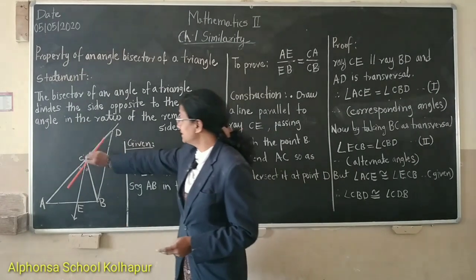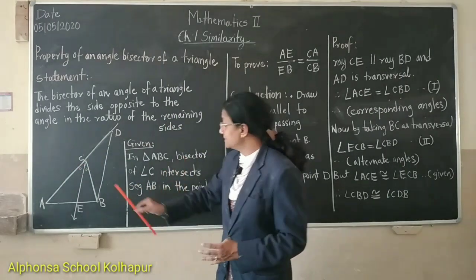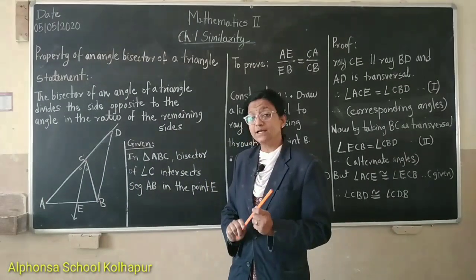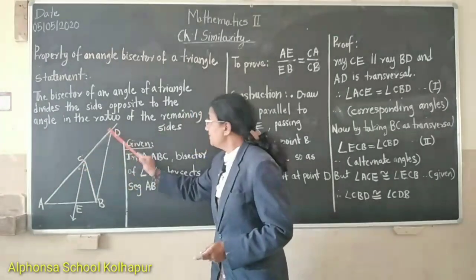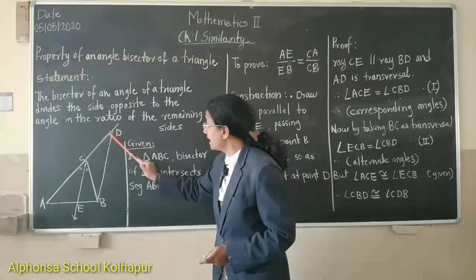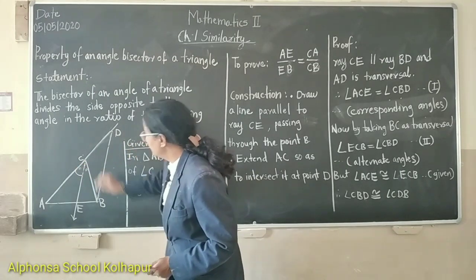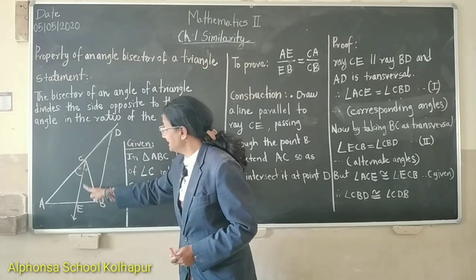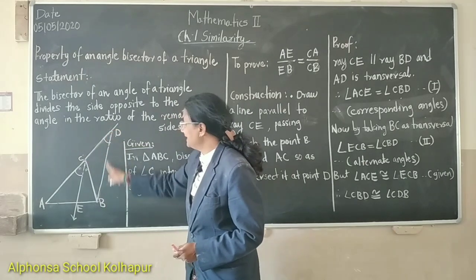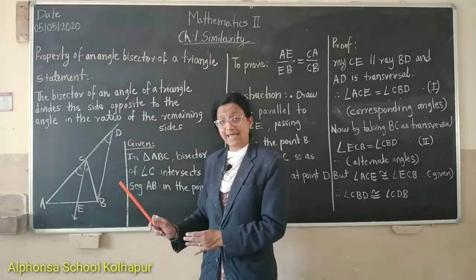First transversal is transversal AD and another transversal is transversal CB. First we consider transversal AD. Now when we consider this transversal AD and as the lines are parallel, we can say angle ACE and angle CDB, they will be corresponding angles.